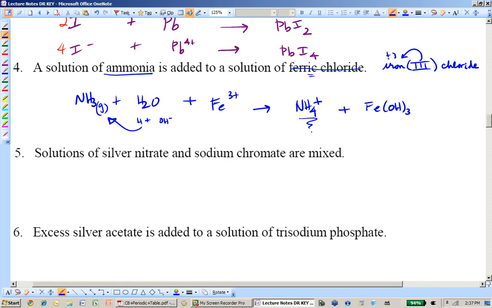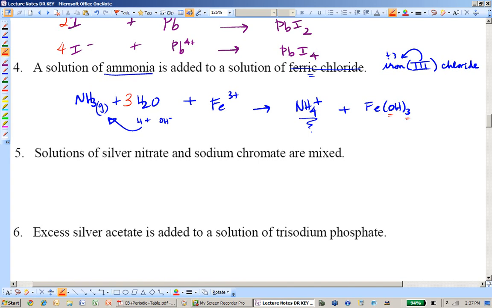All right, so is this puppy balanced? What do we need to do to balance it? This one's a little more challenging to balance, isn't it? First of all, I have 3 O's. Let's start there. See them? 3 O's. So the only source of O's on the left are right here. And then I've only got 1 iron on each side, so that's pretty cool. And what must I do now? I need 3.